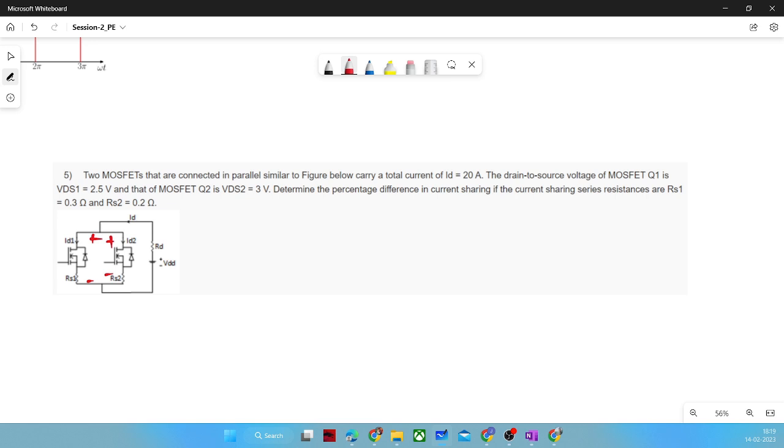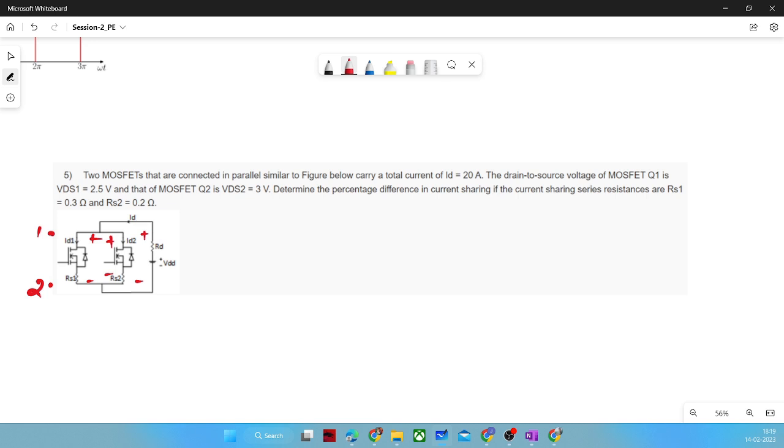If you apply KVL from node 1 to node 2 in the first part, and in the second part also, you have to compute in terms of id1 and id2, which will be in terms of id. The VDS1 drop you just need to compute as id1 rs1, and id2 rs2, and then equate both equations and you will get one ratio based on that.